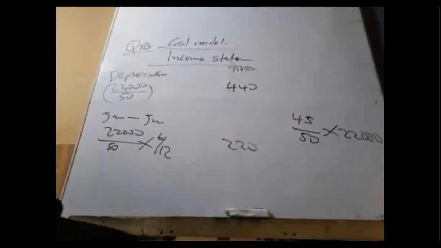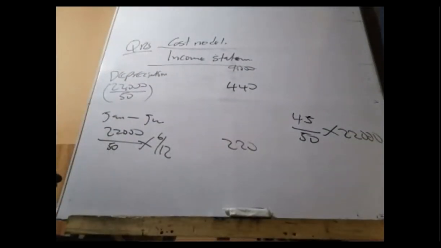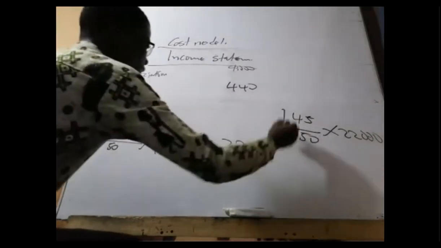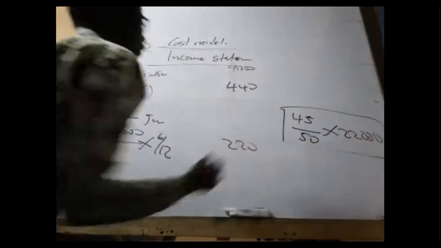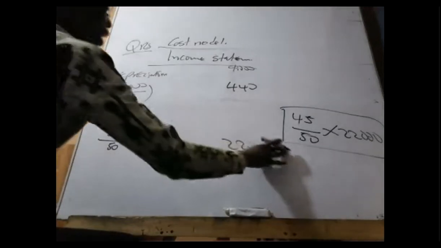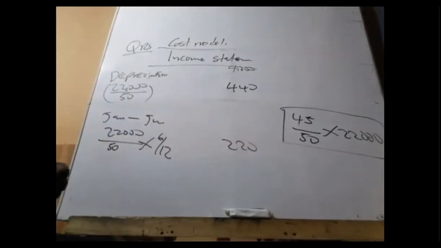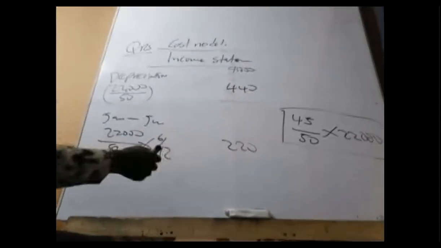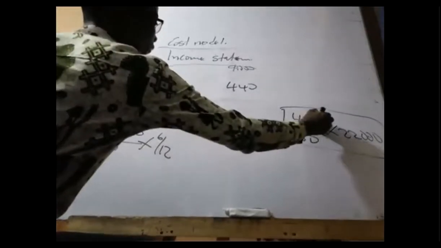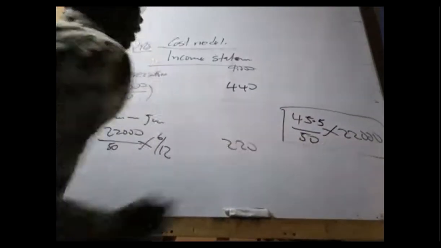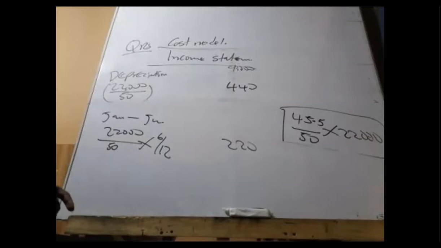This becomes the carrying amount at the beginning of the year. Then we will take off 220 from it. Or you can make it 4.5. Yes, let's make it 4.5 to save the game.